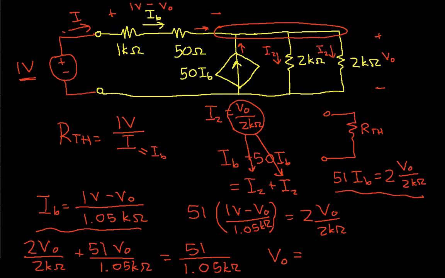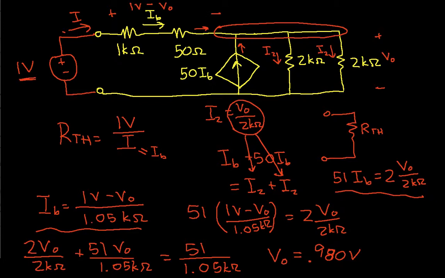And that gives me then V0 is 0.97, well actually let's call it 0.980 volts. Okay, well, we're almost done.